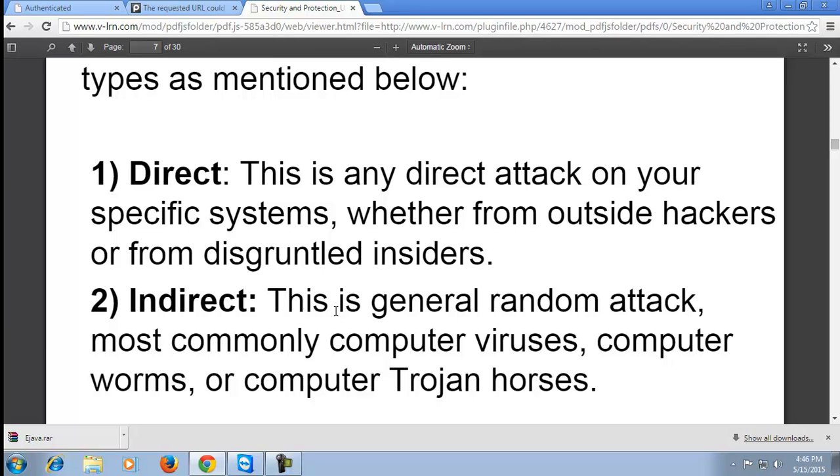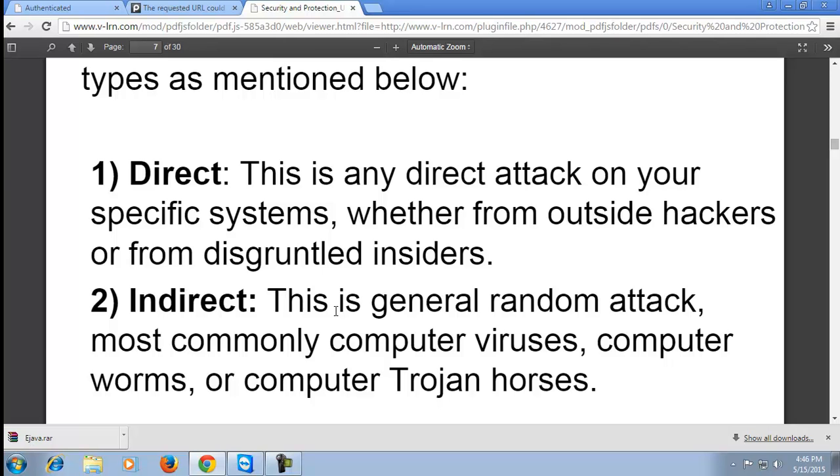Second, this is general random attack, most commonly computer viruses, computer worms or computer Trojan horses. These are active viruses which always destroy our data, generate multiple copies of our data and convert its format so that it is not understandable and not easily convertible into readable form.